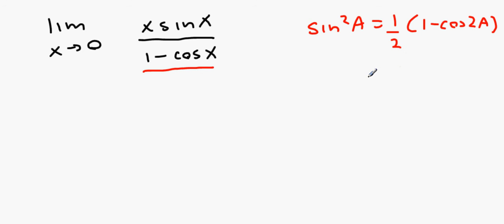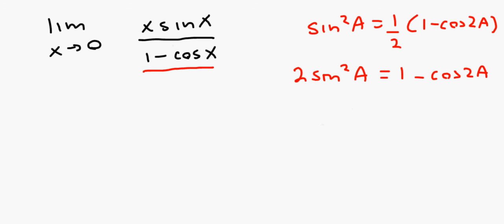So when you rearrange it, 2 sine squared a equals 1 minus cos 2a. And 1 minus cos 2a is exactly what we're looking for, because it's 1 minus cos x.